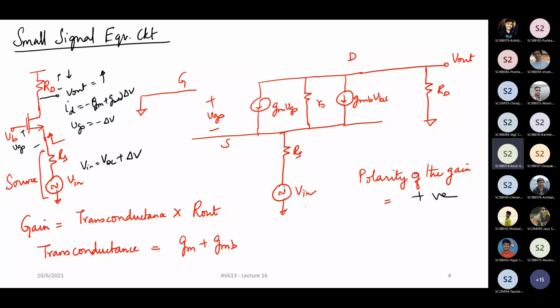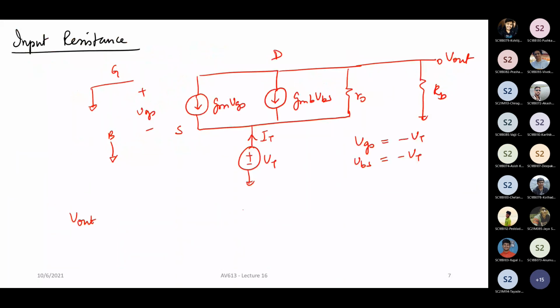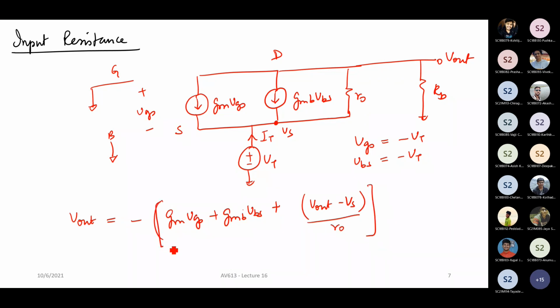Okay, sir. So here V out can be written as minus GMVGS plus GMBVBS plus, let's call this node as Vs. So we can say V out minus Vs divided by R naught, this whole thing multiplied by RD.